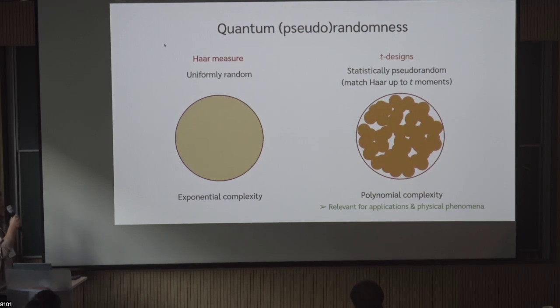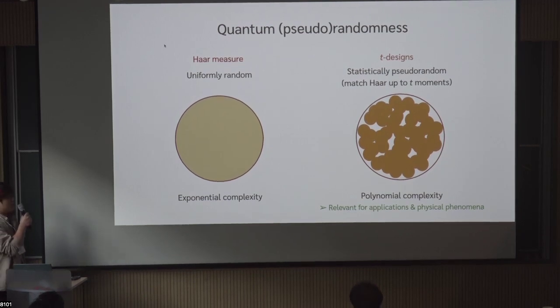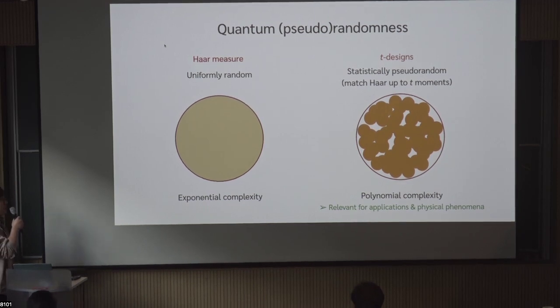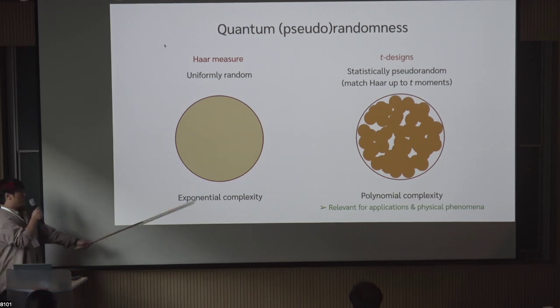We say it's a statistically pseudo-random ensemble, as opposed to computationally pseudo-random ensembles, which means that this is also a distribution, not necessarily uniform, but it matches the uniform Haar measure up to T moments. We call these T designs. And this contrast we also saw.